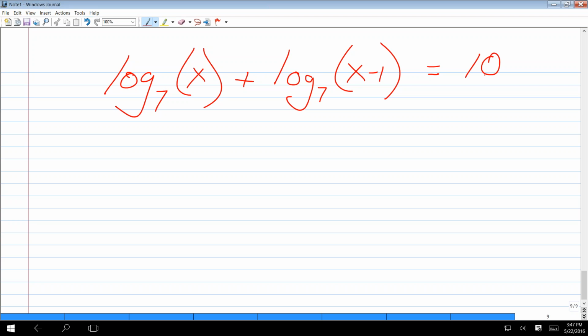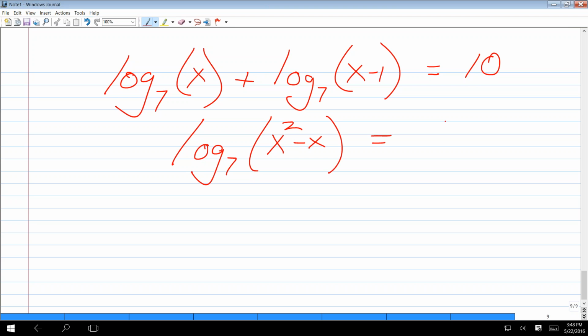You solve that for x. So first you'd condense it. Okay, into what? Log base 7 of x squared minus x equals 10. And then, let me make this not 10.